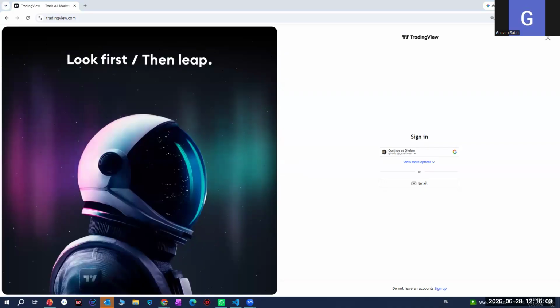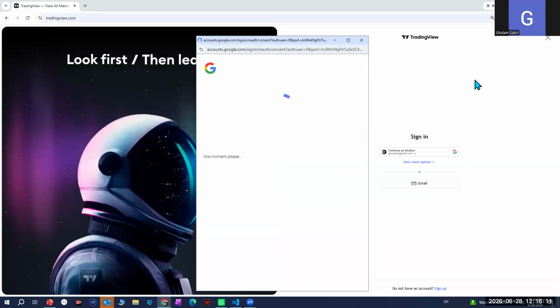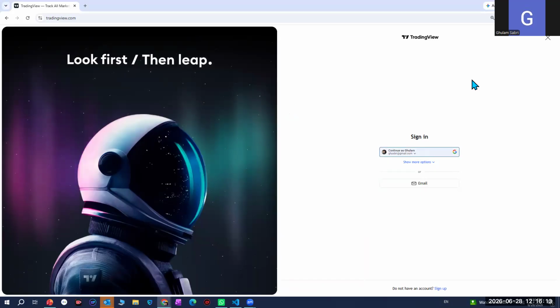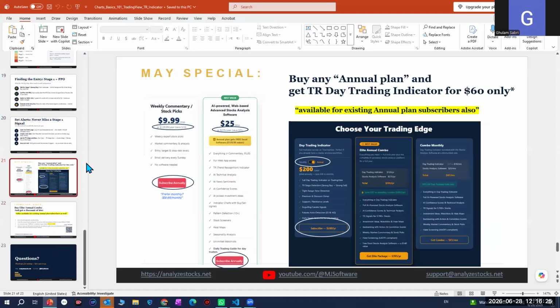Yes, sure. What's the question? Your TR indicator? The TR indicator itself does not have the live data. It has live data in my software app, which is an independent, complete web-based software.